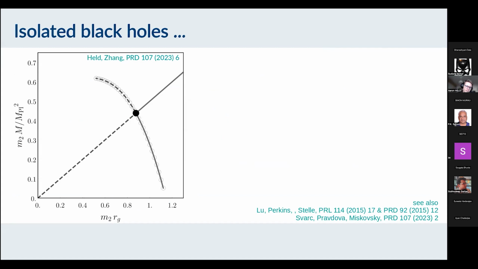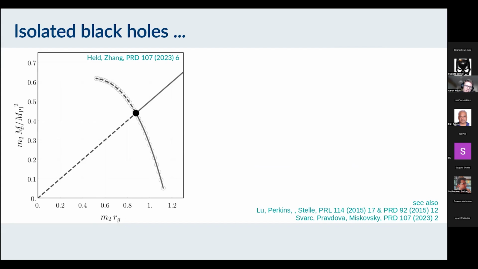Here I've drawn the two only asymptotically flat black hole branches, so they have a horizon and are asymptotically flat in this theory of quadratic gravity, and I'm visualizing them as a function of their horizon radius rg and of the asymptotic mass m.